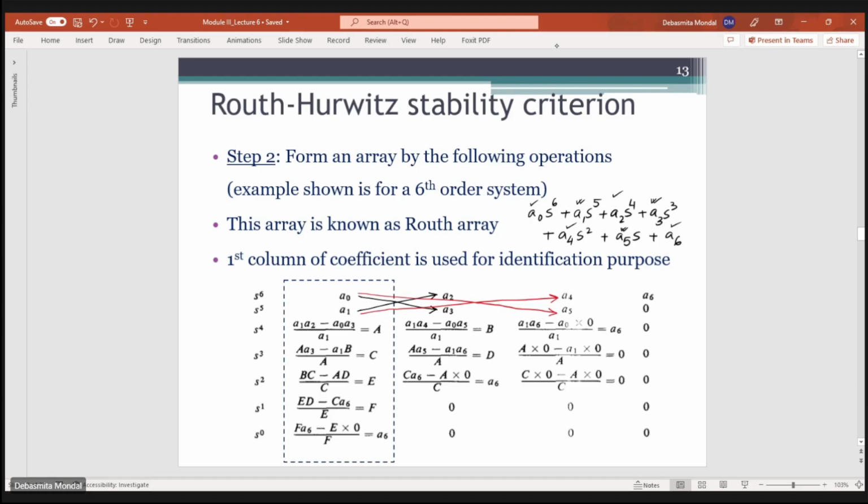Once you have 0, all subsequent terms will be 0 from the next step onwards. In a similar way, you have to fill up the whole table.